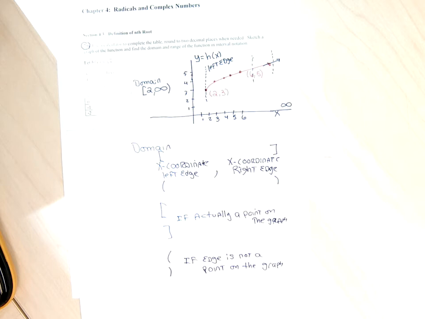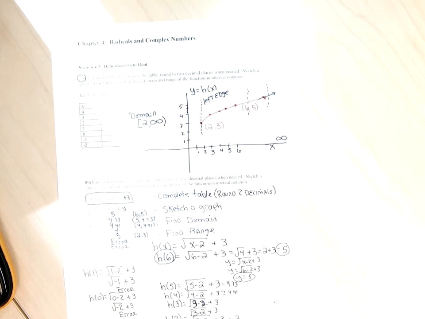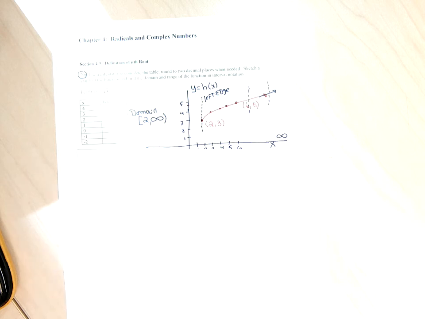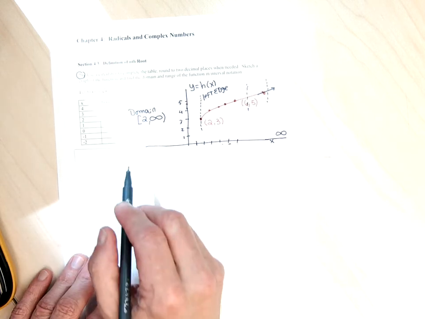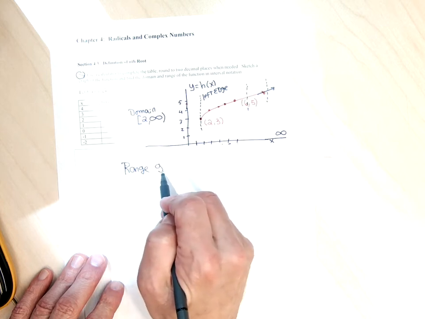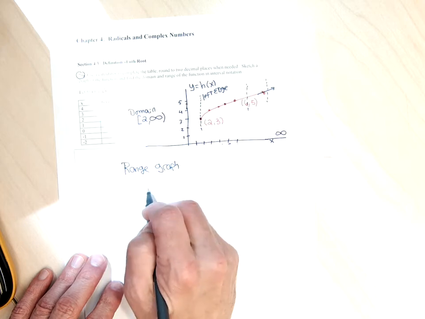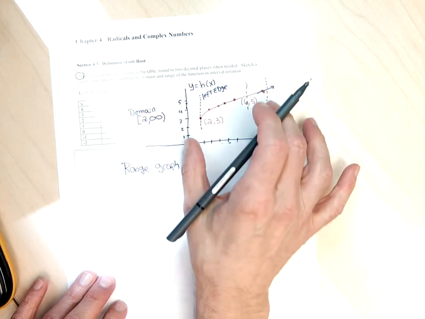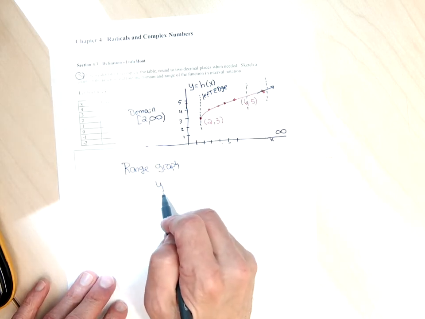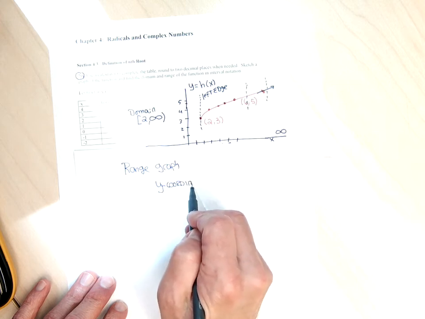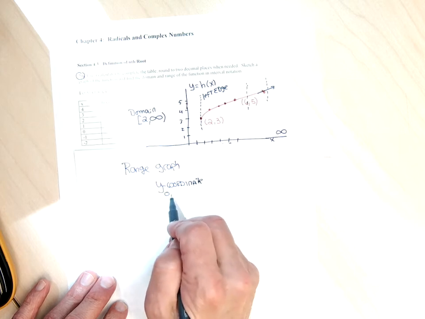That's half of what we needed to do at the end here, so now I've found the domain. And the last half of what we get to do is find the range. And range is related to y's. To do the range of a graph that's only in one piece, we start off and we get the y-coordinate of the lowest point.